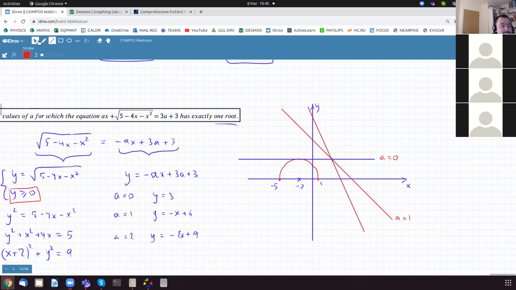Oh, it seems like all the lines for different A's go through the same point, and A is the negative gradient of that line.